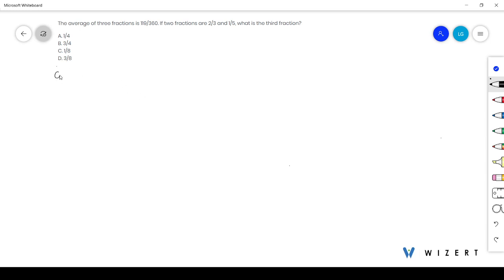Here we have given the average of three fractions is 119 divided by 360.